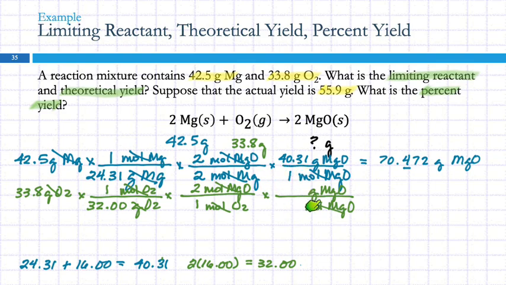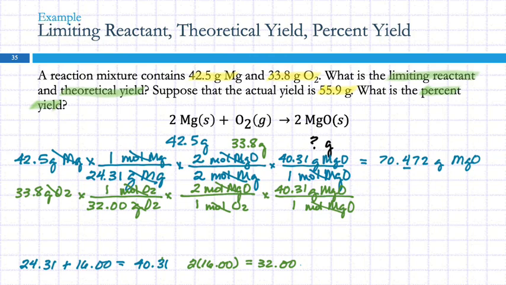This last piece is exactly the same as in the first one. That's kind of why I like to just do two complete calculations instead of stopping at moles and comparing which is bigger. It's very little extra work, but it's less thinking, and then you're just done. So the molar mass of magnesium oxide is still 40.31.